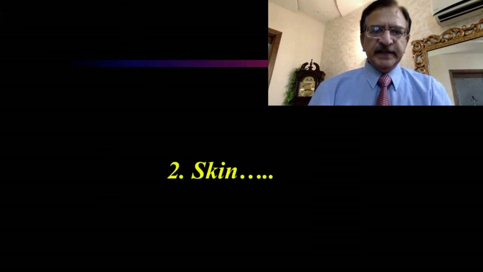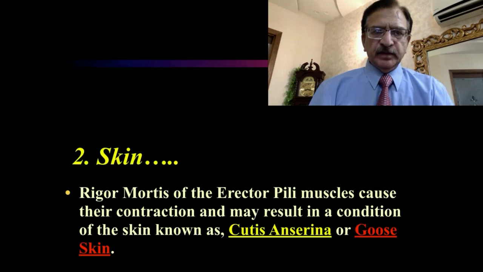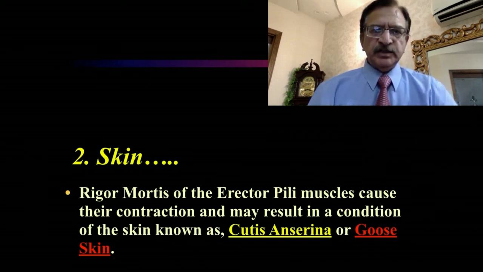Now regarding skin, rigor mortis of the erector pili muscles causes their contraction, and it may result in the condition of the skin known as cutis anserina or goose skin, in which the erector pili muscles in the skin cause the hair to erect.